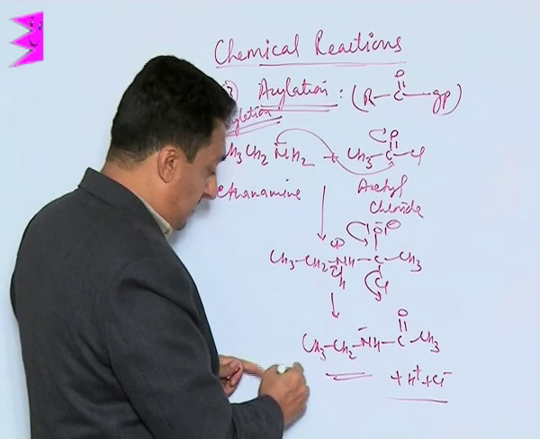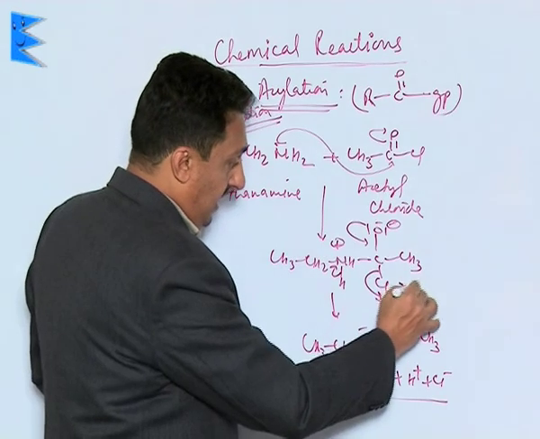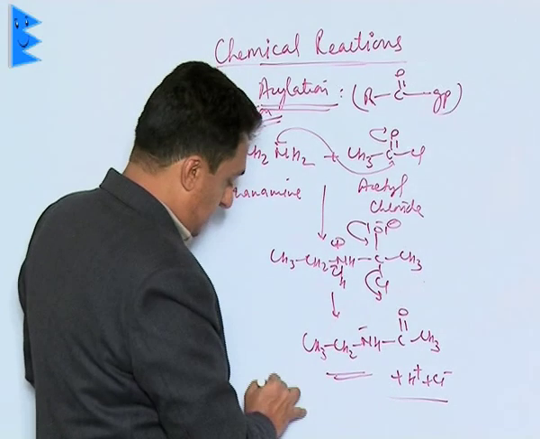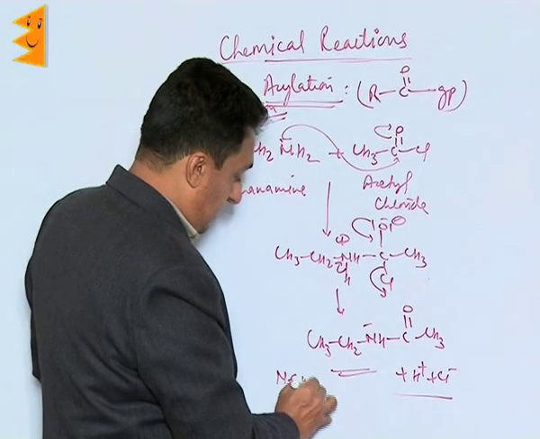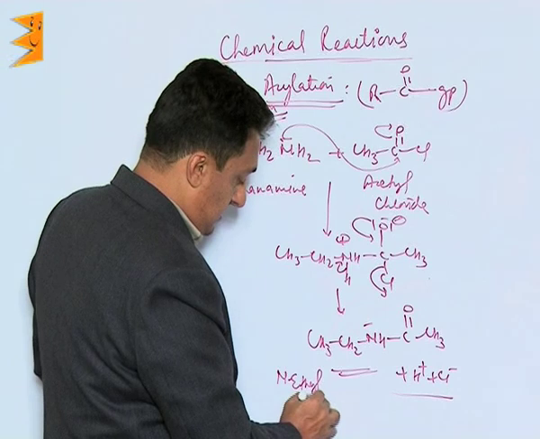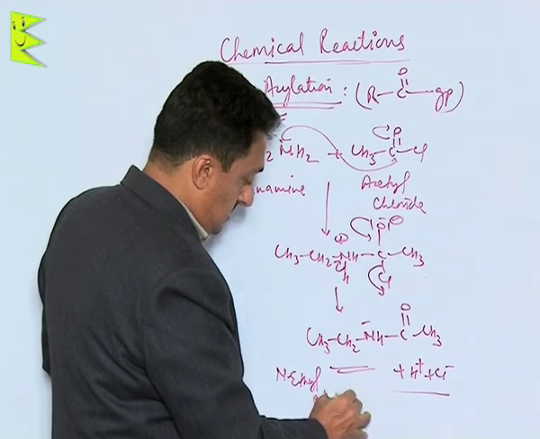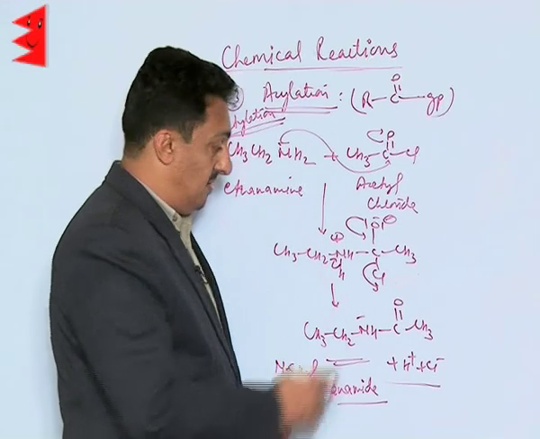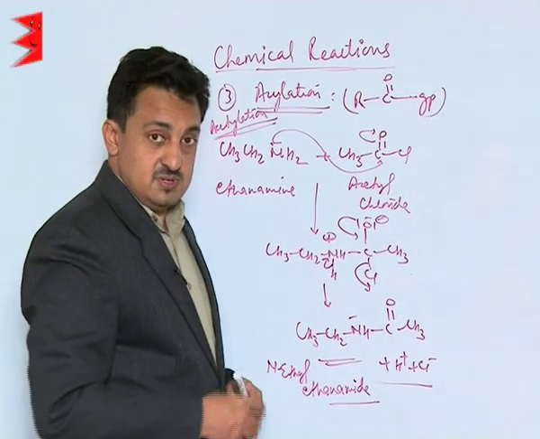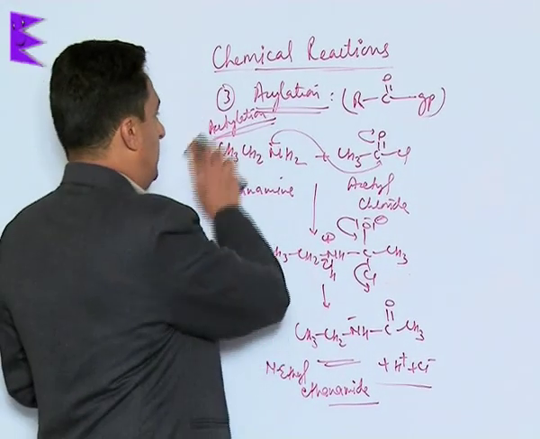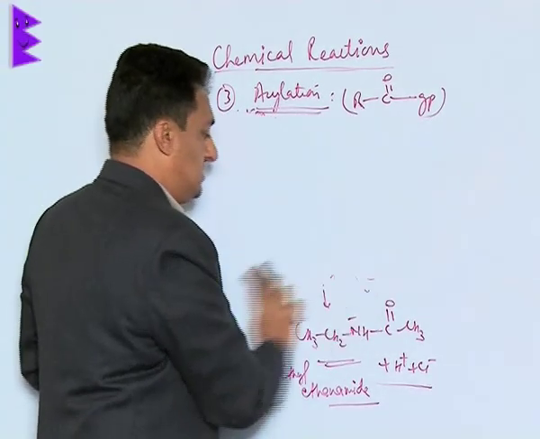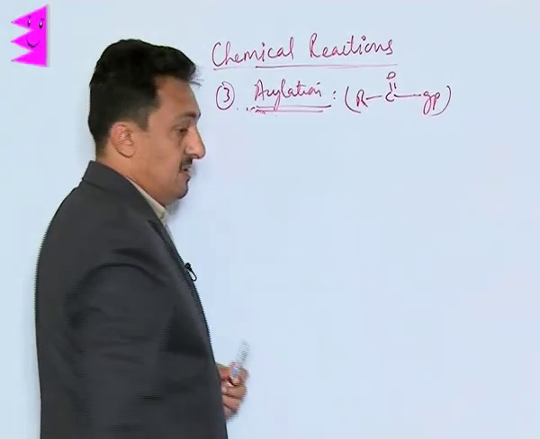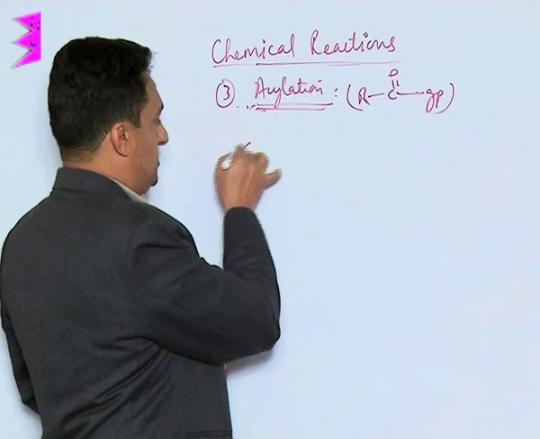So its name will be, remember, N-ethyl ethanamide. So it will be an amide. That's most important to note. Now remember, the same thing can be done for aromatic amines also.